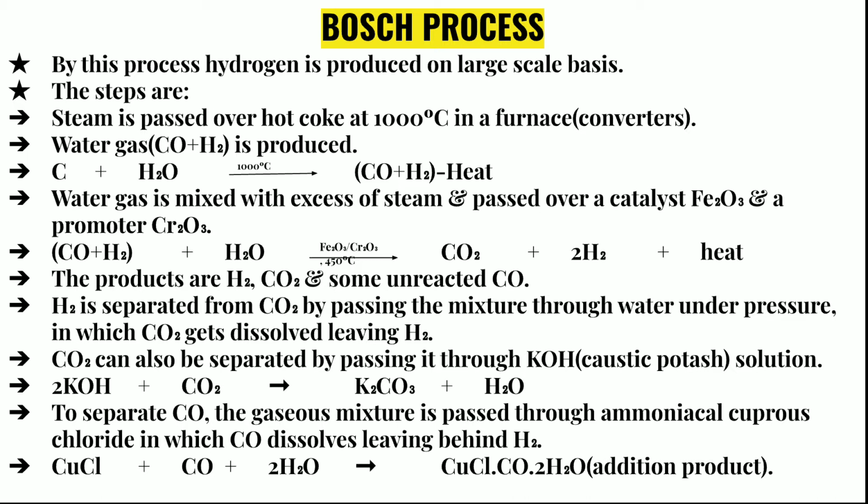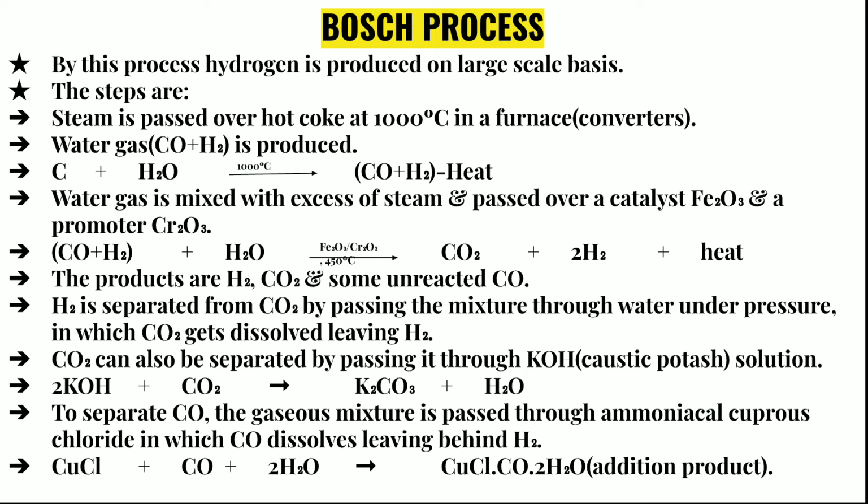This reaction is exothermic. The first reaction, when the water gas was formed, was an endothermic reaction. But the second reaction, when the water gas reacts with excess of steam and hydrogen is produced, becomes an exothermic reaction. So the products in this reaction are hydrogen, carbon dioxide, and some unreacted carbon monoxide.